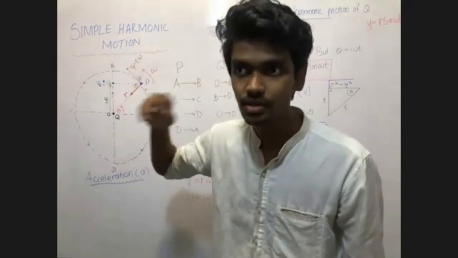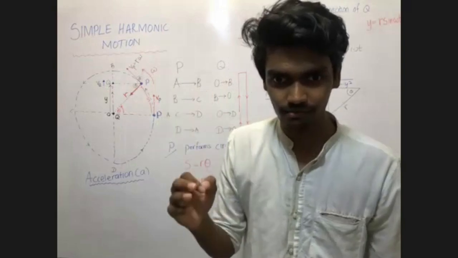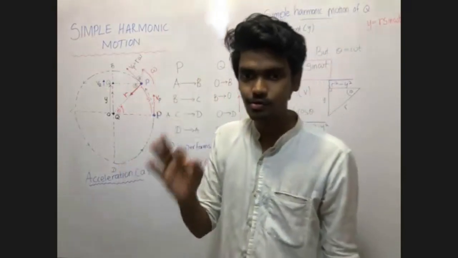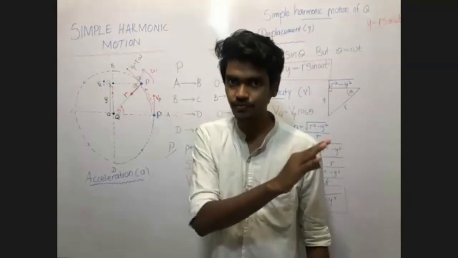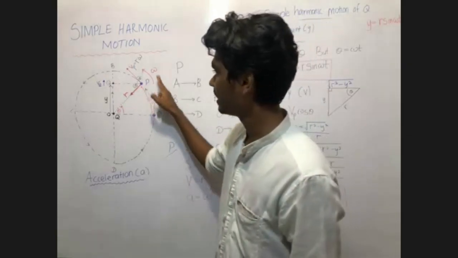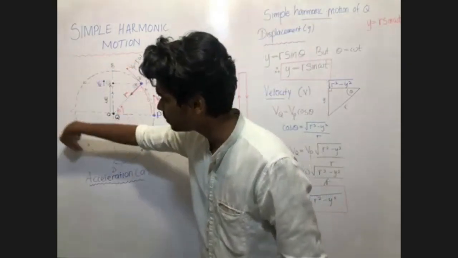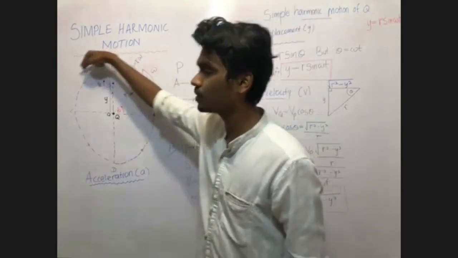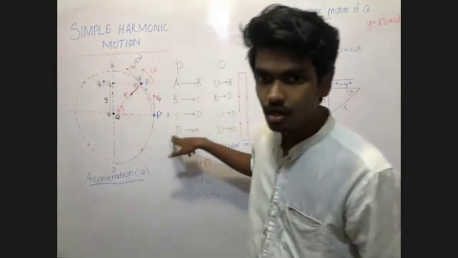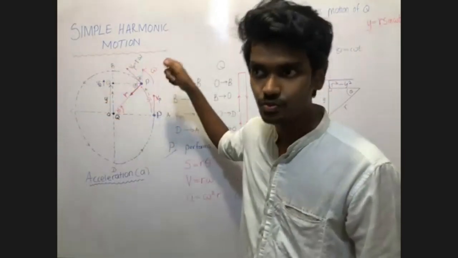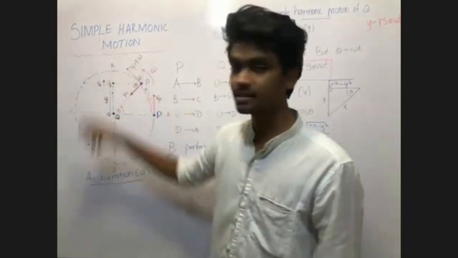No angular acceleration. If you have learned circular motion thoroughly, you'll know. If it has a constant angular velocity, it's not going to have an angular acceleration, which means it's not going to have a tangential acceleration.